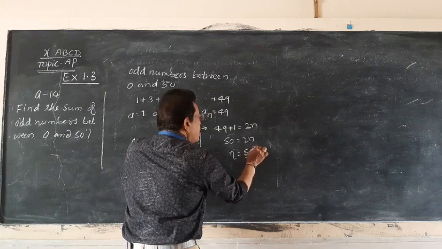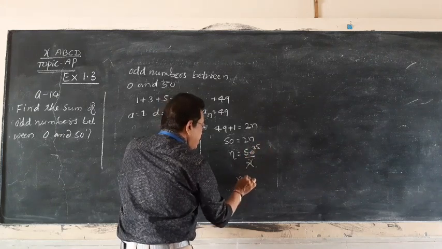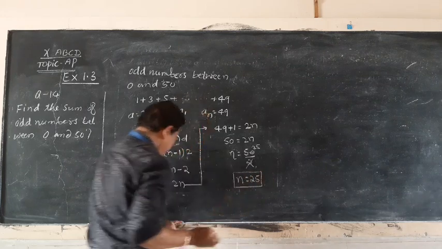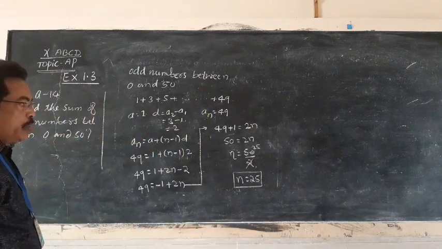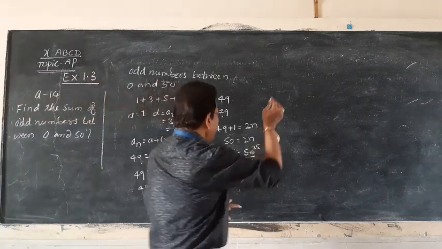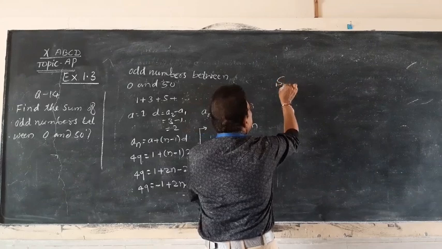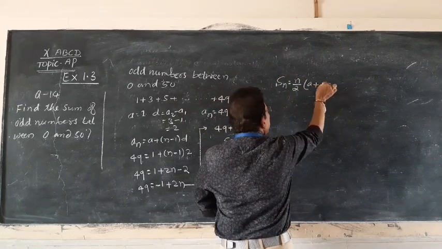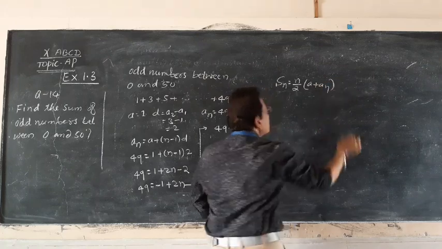2 ones are 2, 25 are. N equals 25. We have to find the sum, that means Sn. Sn equals n by 2 in the bracket a plus an.